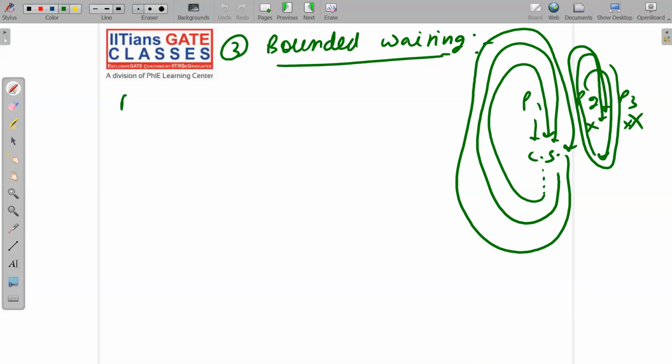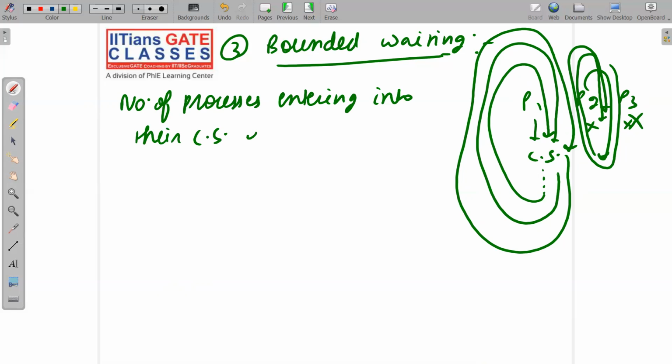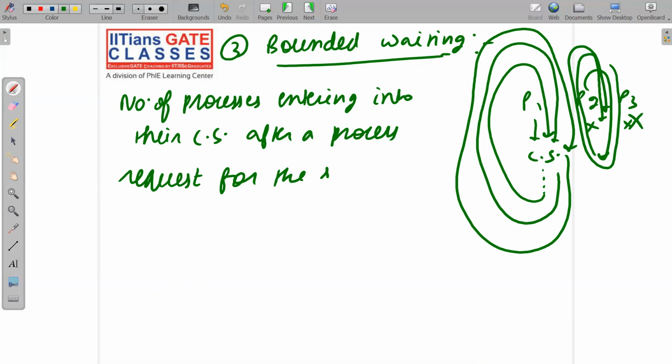Bounded waiting means the number of processes entering into their critical section after a process requests for the same must be bounded.